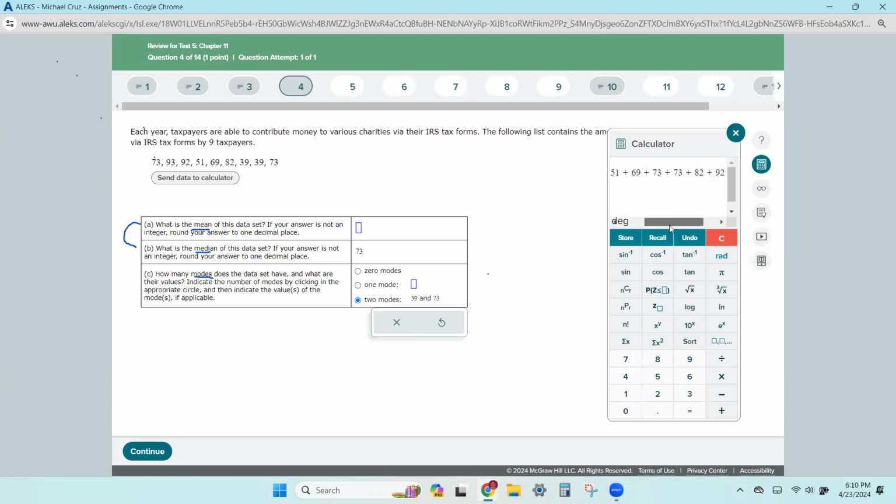So 39, 39, 51, 61, 73, 73, 82, 89. So if we add them up, and then we're going to divide by 9 because there are 9 values. So 67.88888 is going to repeat. We want 1 decimal place. So that's going to be 67.9.